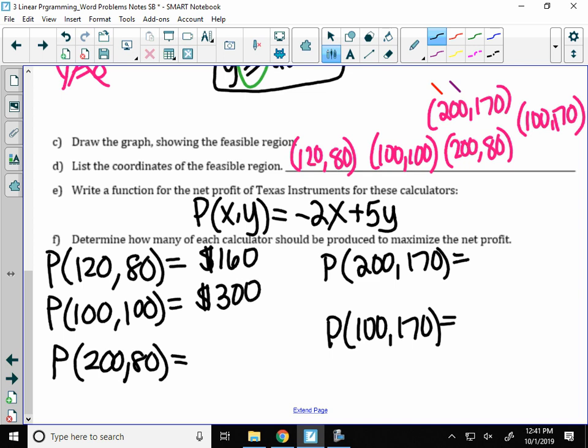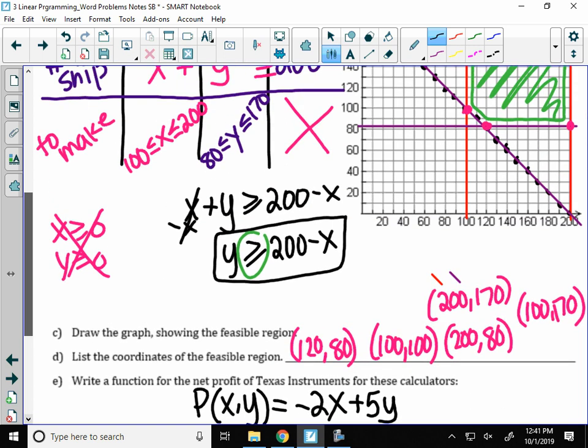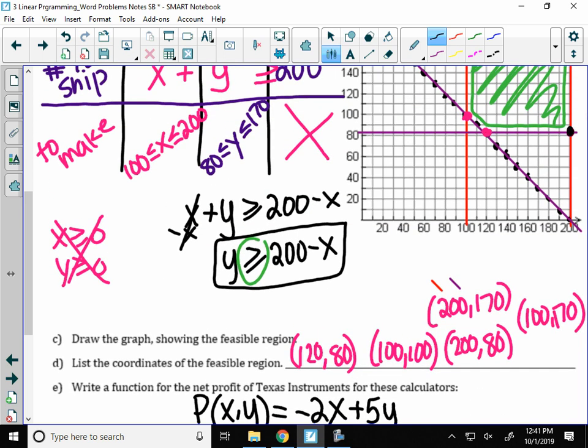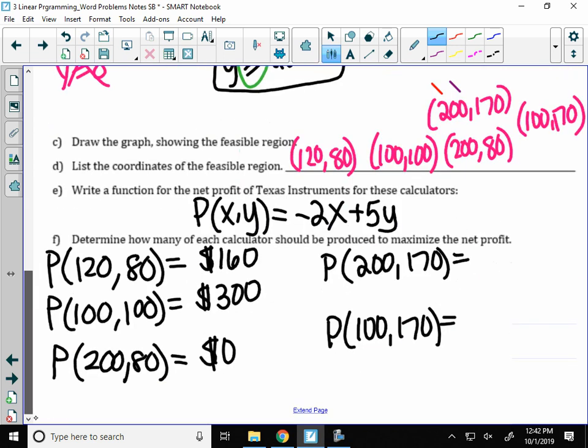It's pretty simple. Caden's row, what did you get for yours? 0. This one's interesting. So if you are selling 200 of the TI-30s and 80 of the TI-84s, you make no money. That's this point right here. You break even, but you don't make a profit.